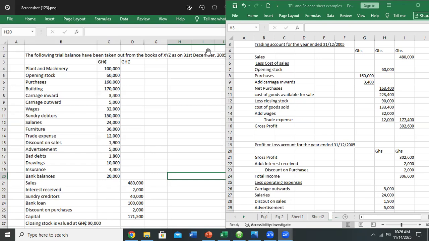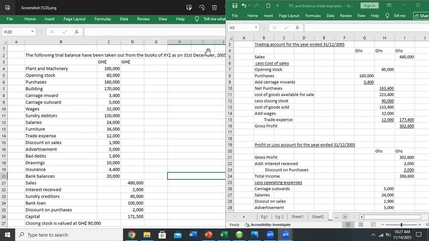Sir, please, am I right? Yeah, so Prof. Josephine, it's a trade expense, right? So it affects the trading. So if you want to know how much profit or loss you are making from your trading, then you have to consider that. So it's not an operating expense, it's not a general expense.